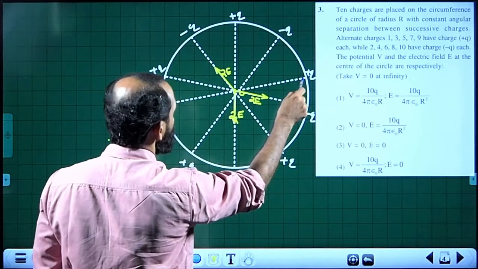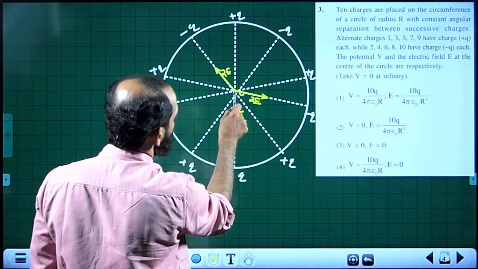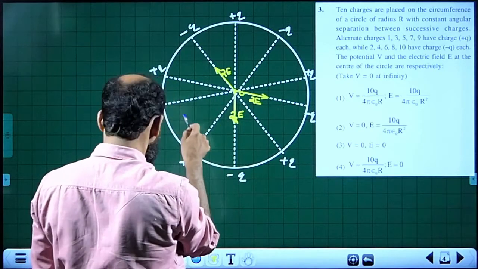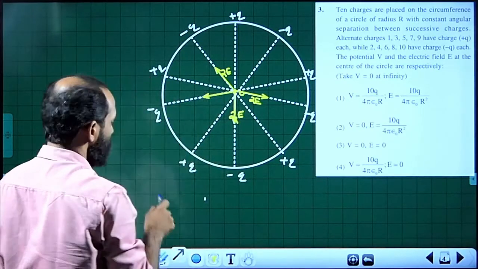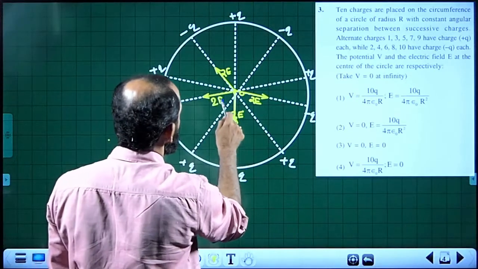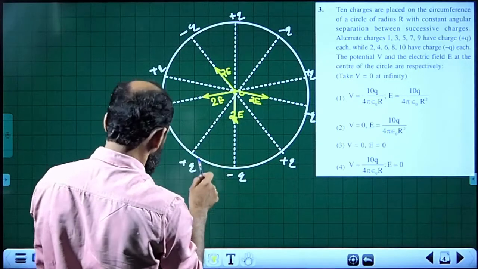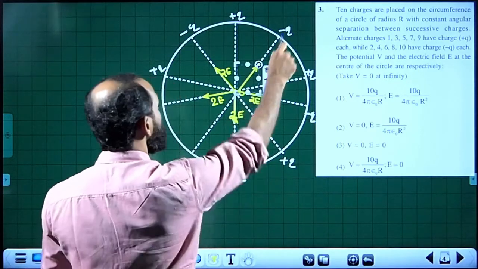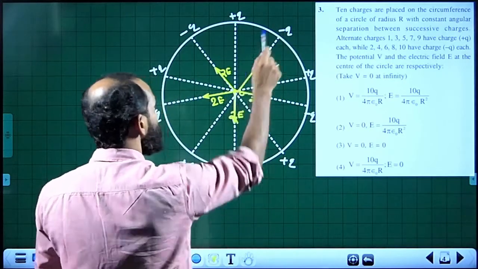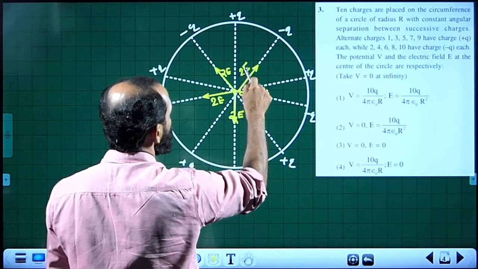This plus q has a field towards this side, and minus q also in that direction, and that also will be 2E. This plus q has a field radially outward, and that minus q also has the same, numerically the same, and that also will be 2E.